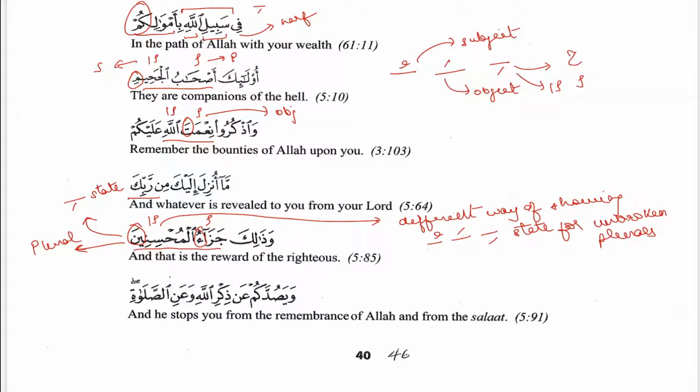So let's take the final example. وَيَصُدُّكُمْ عَنْ ذِكْرِ اللَّهِ وَعَنِ الصَّلَاةِ. So, if he stops you from the remembrance of Allah, and from the salah. So where is the mudaf ilay combination?